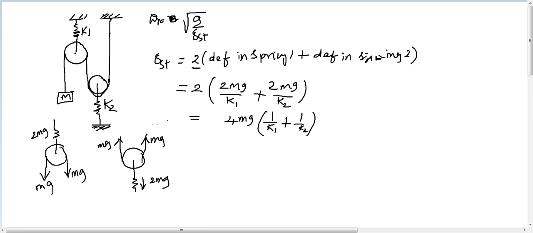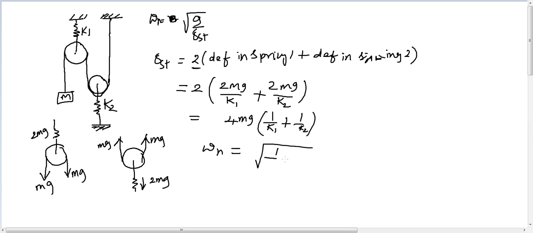Omega n, the natural frequency, is equal to square root of k by m, right? In other words, we can also write it as square root of g by delta static.